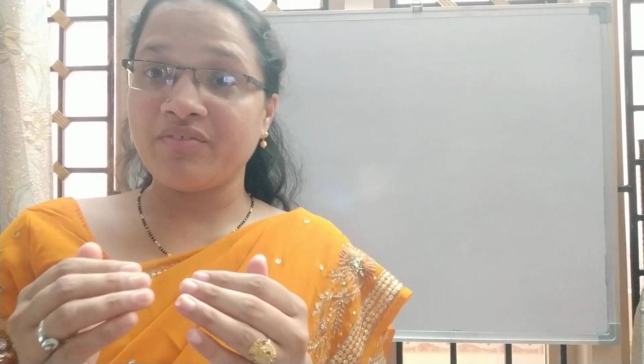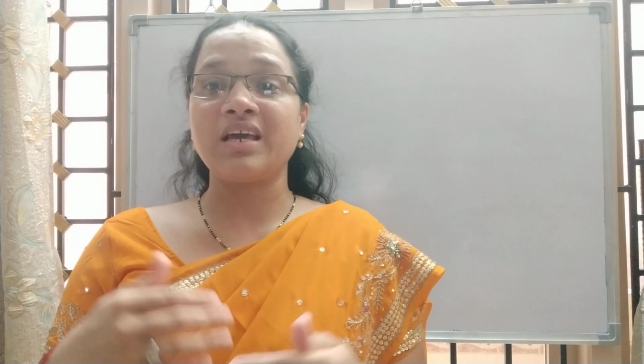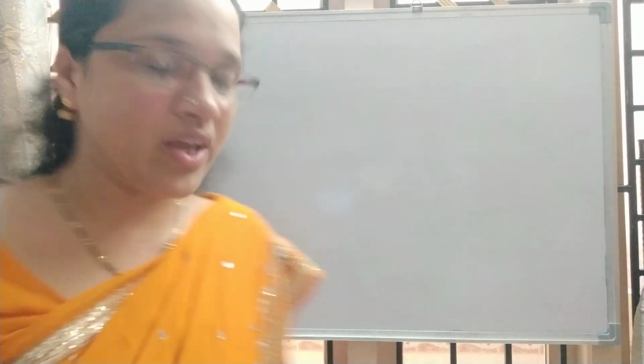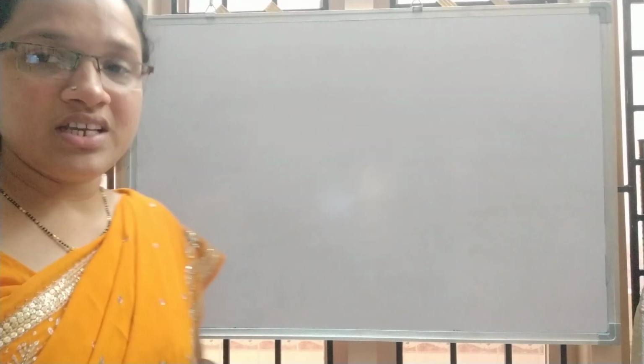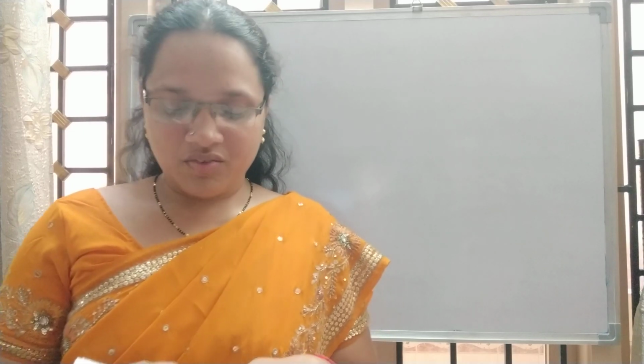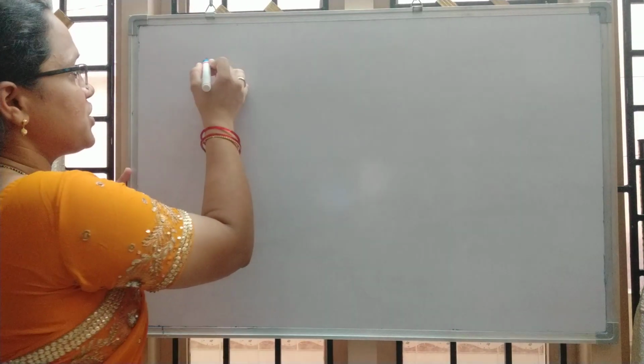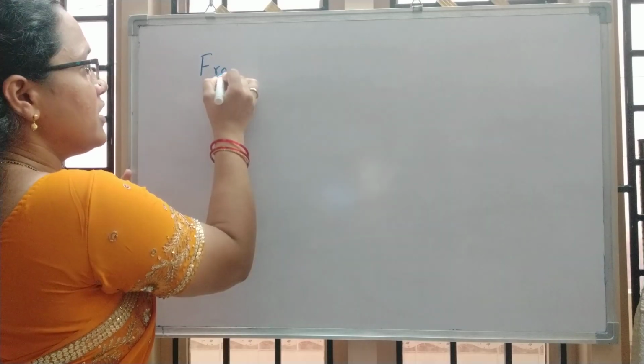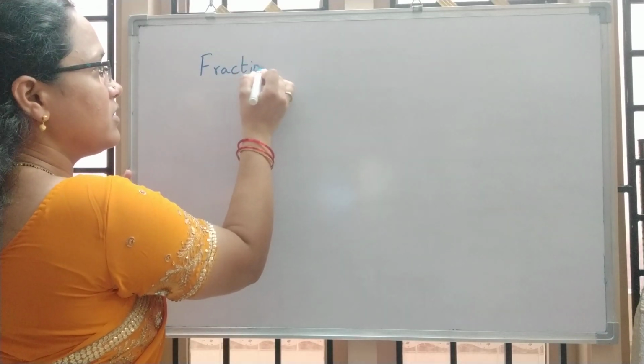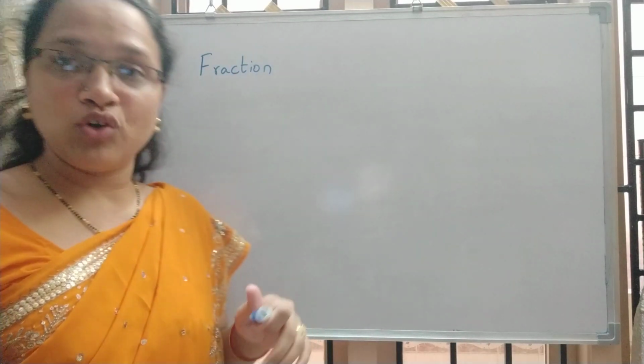After that, we have seen the types of fractions according to the numerators and denominators. Let us recall for a very small moment: a fraction is nothing but a part of a whole number.